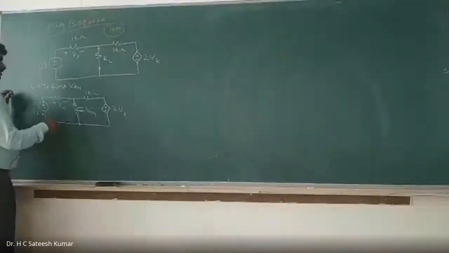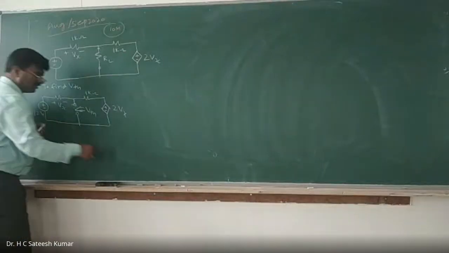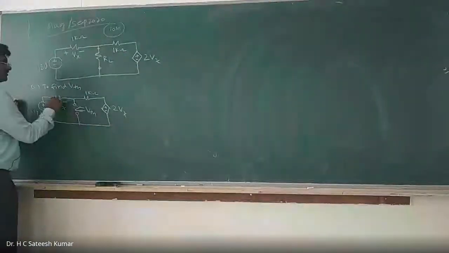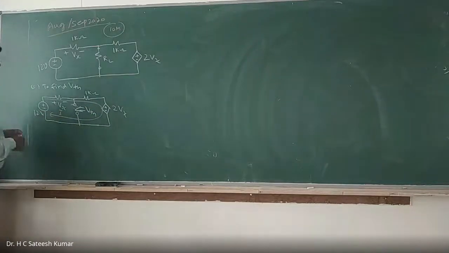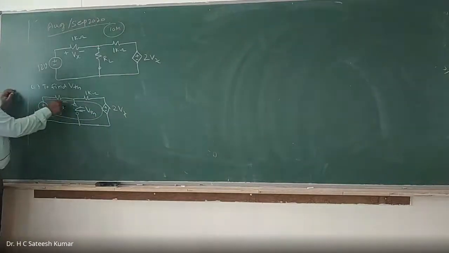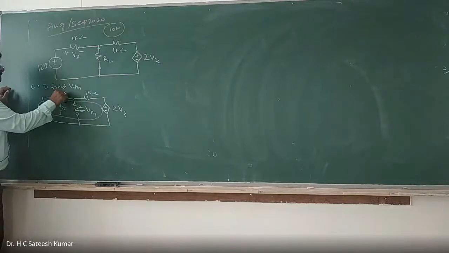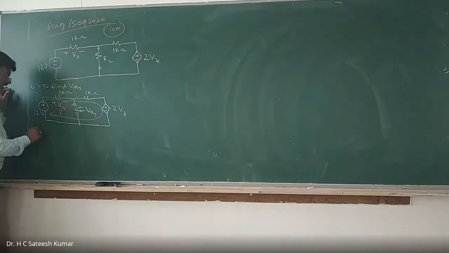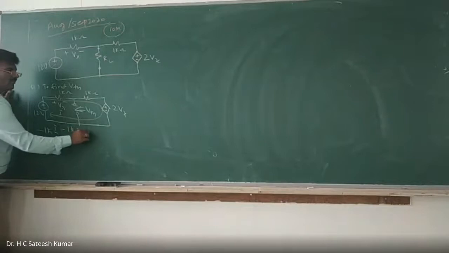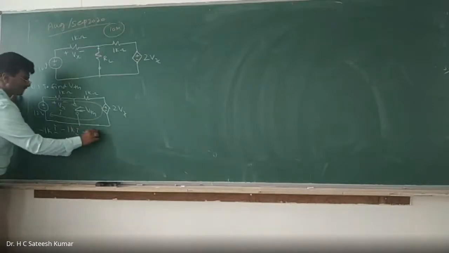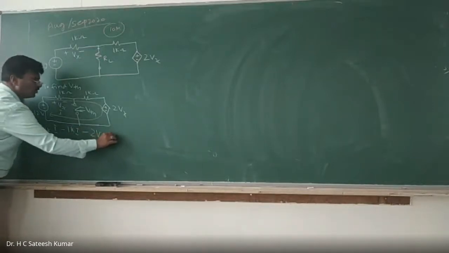Okay, right. Now you apply the KVL. Since this is open, this is the loop for KVL. You find it as IL. Start from this point. 1 kilo ohm, sorry. Start from this point. Minus 1K, same direction, minus 1K into I, minus 1K into I, minus 2Vx plus 12 is equal to 0.